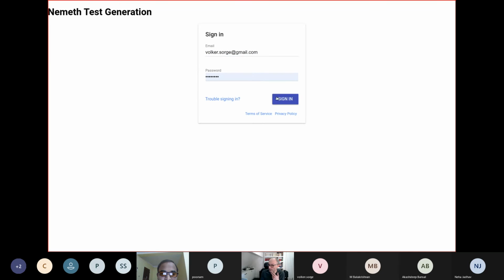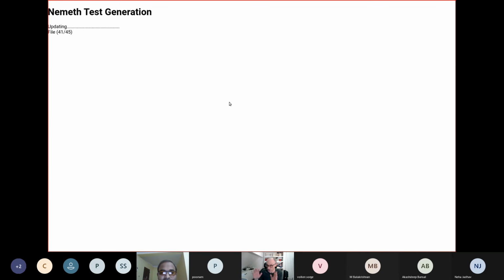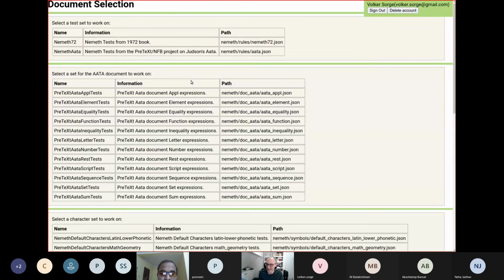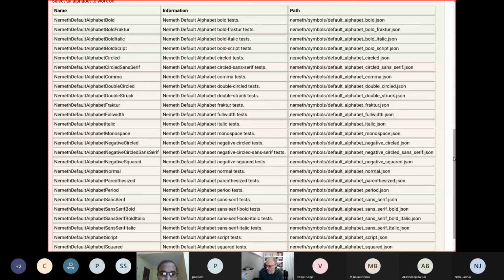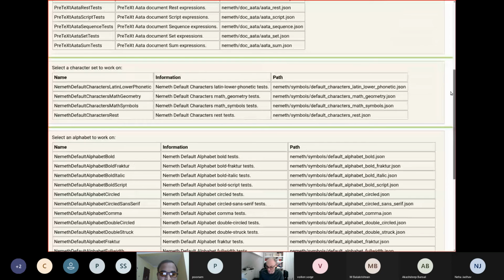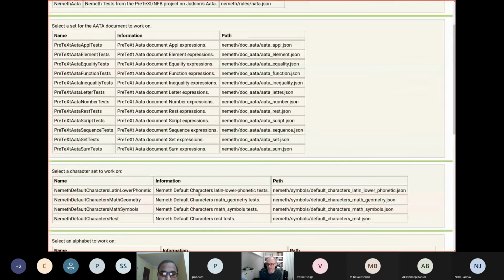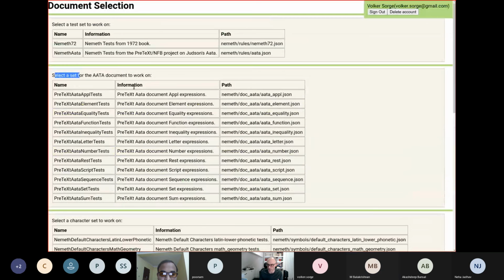Oops, let me log in. It's open source, freely available. You still have to log in, because it uses Google's Firebase underneath. And this is the entire abstract algebra book, taken apart, if you like. Sorry, that's the abstract algebra book.